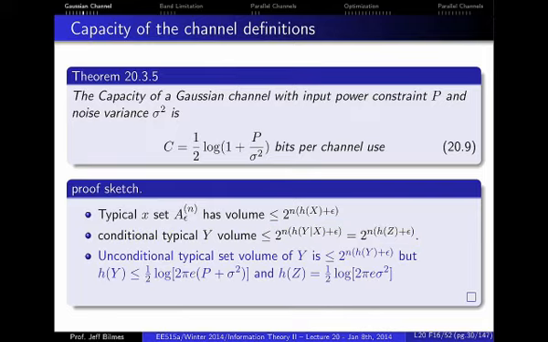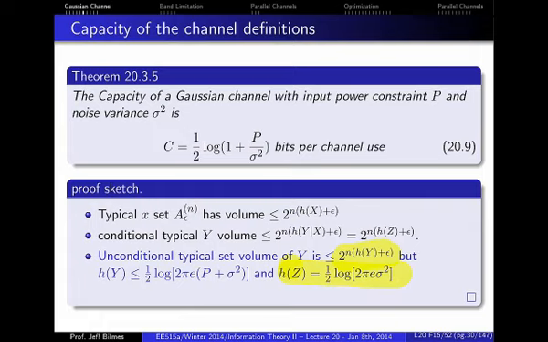And we have the unconditional y set, which has volume 2 to the hy, 2 to the nhy. We have that the entropy of h of z is given using that formula, which follows because z is a Gaussian.